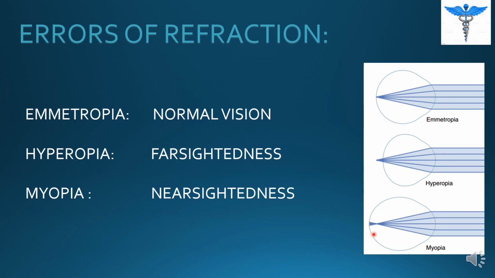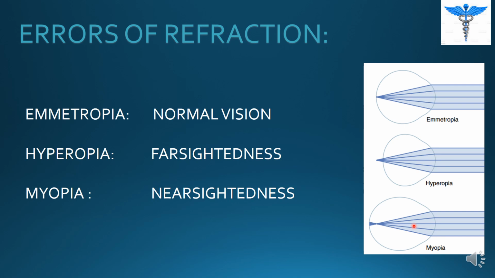The retina and the lens will have more distance between them, so the focal point will come in front of the retina. Or it may also be caused because of greater refractive power. For example, if he has greater refractive power, it means that he has greater converging ability, so the light rays will converge in front of the retina because of its greater converging ability. This disorder is called myopia or nearsightedness.